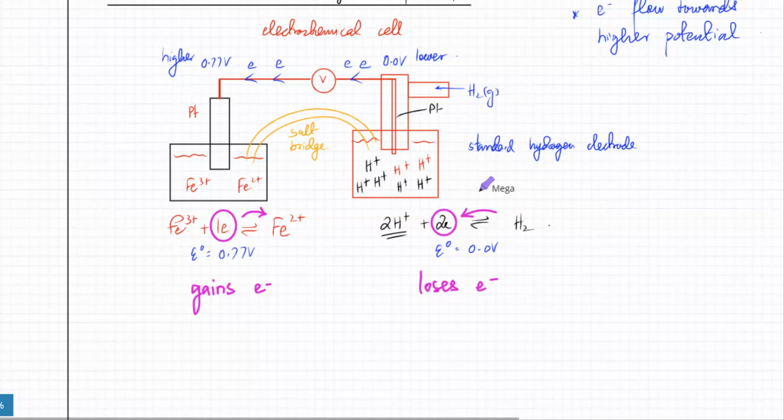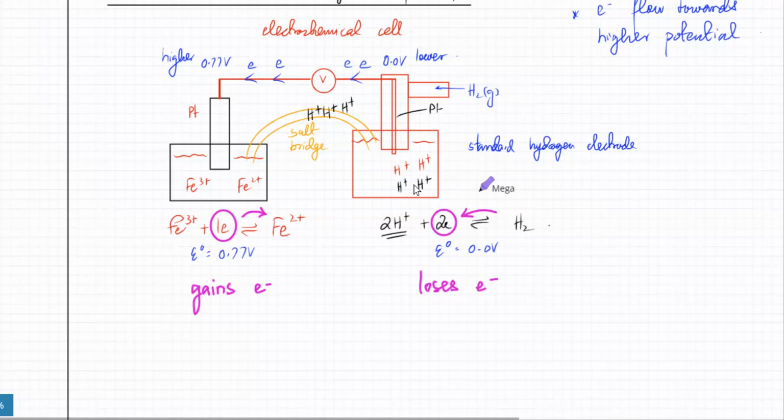What the salt bridge does is that it provides a diffusion channel. If there are too many H+1 ions, the H+1 ions would get absorbed by the salt bridge. So all these H+1 ions are going to get absorbed by the salt bridge.